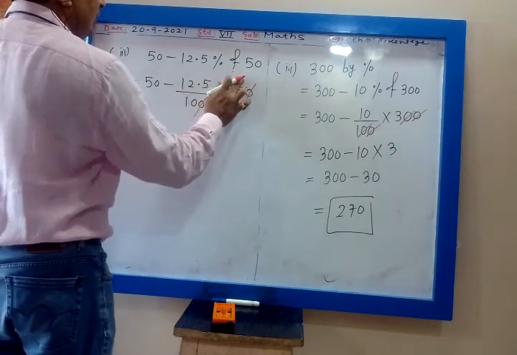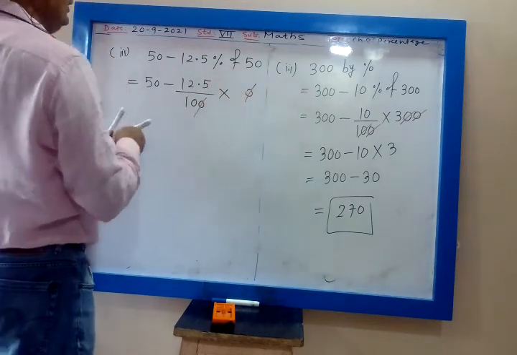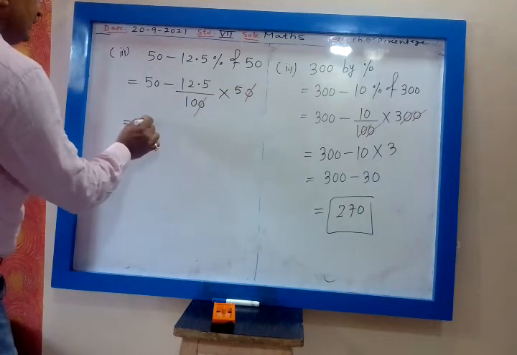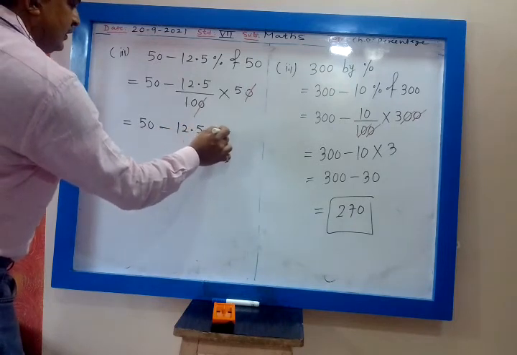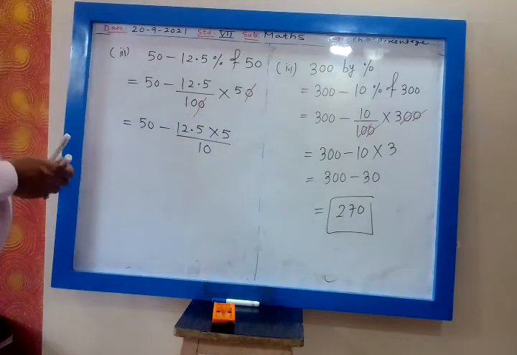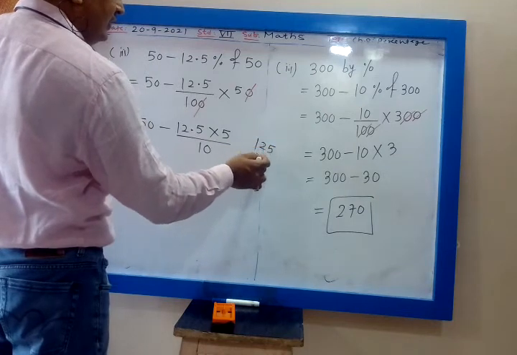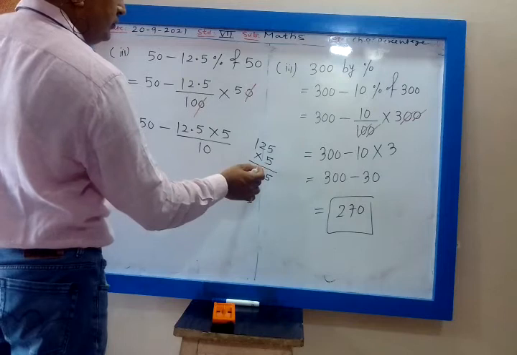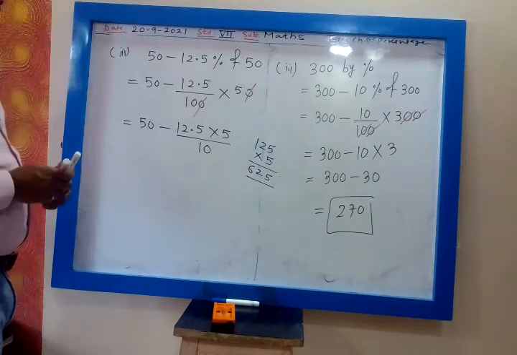Or you can keep there only 5, no problem. So this is 50 minus 12.5 into 5 upon 10. Multiply 125 and 5. 5 5s are 25. 5 2s are 10 plus 2 is 12. 5 1s are 5, plus 1 is 6. 625.